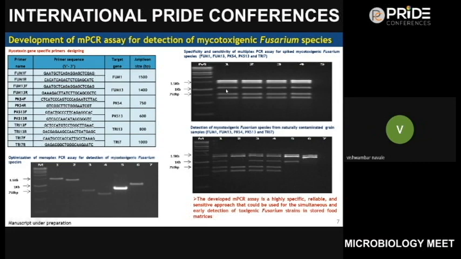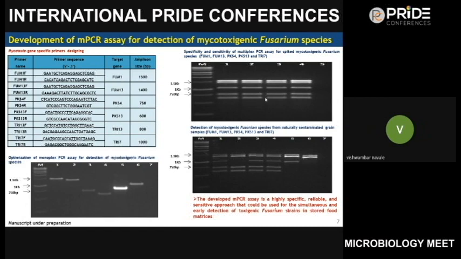After that, we checked the specificity and sensitivity of this multiplex PCR by spiking known spores of these fungi into the food system, and then we isolated the genomic DNA from that and checked the specificity. Here, with spiking, we found that around 10^2 spores per gram of grains can be detected.